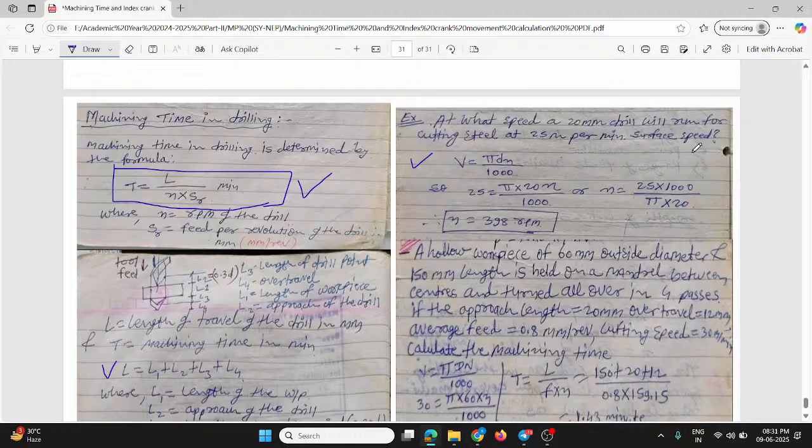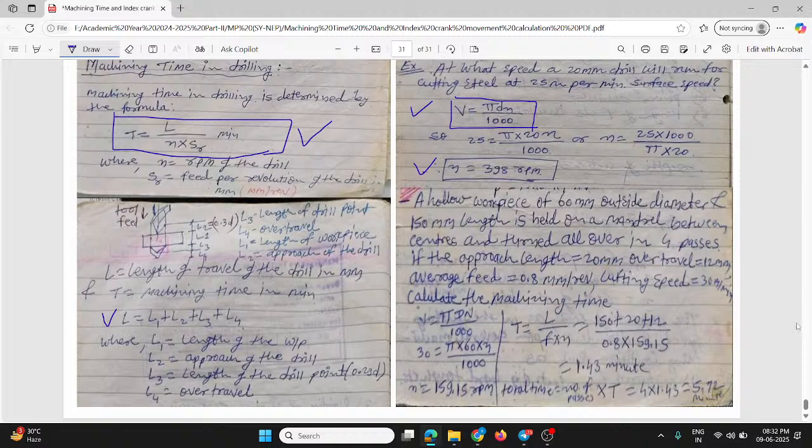For the drilling machine, depth of cut is the diameter of the drill divided by 2. We have already discussed this in the regular session. Here, using the same cutting speed formula, D is known and cutting speed is given, so N can be calculated.